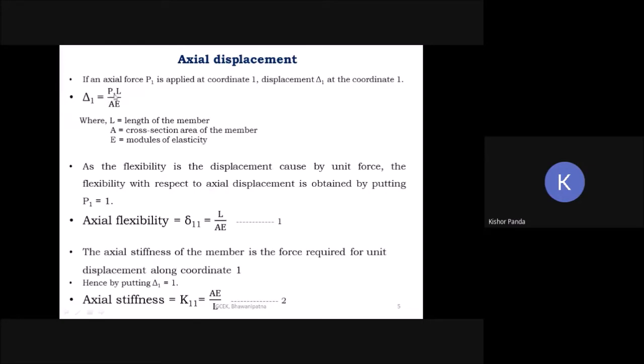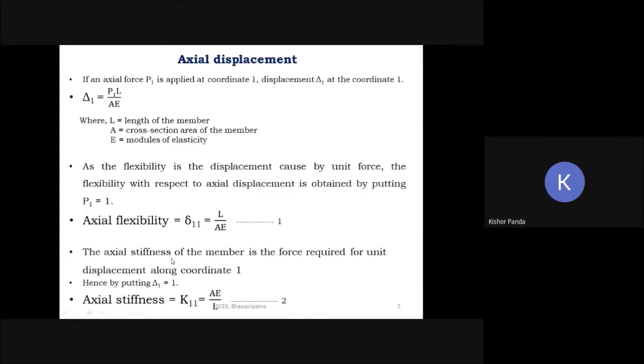So you take the unit force P1 equal to 1, and delta 1 is equal to delta 11. This axial flexibility delta 11 is equal to L by AE. So this is the axial flexibility when the axial forces are acting along coordinate 1.